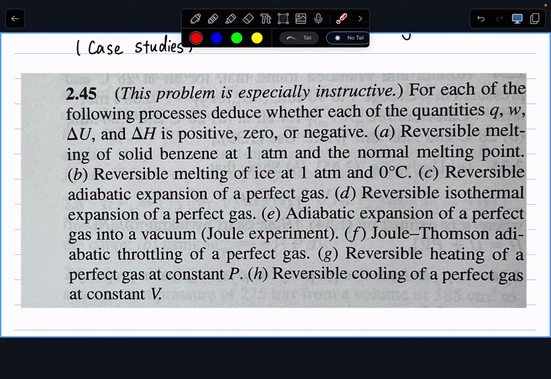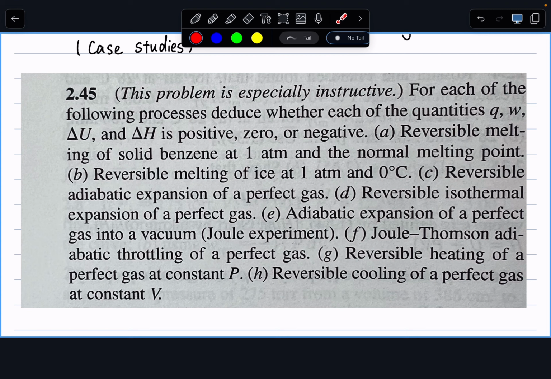So we can translate that into constant temperature and constant pressure. And this is a reversible phase change. All right. And the question asks us about Q, W, delta U, and delta H.